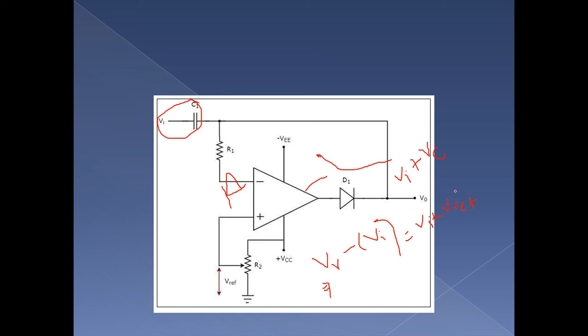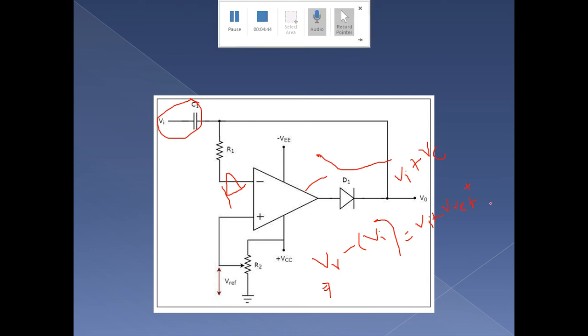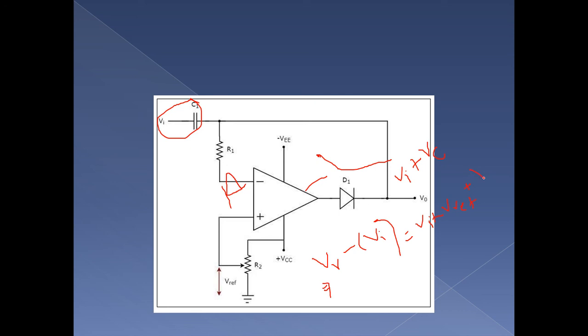Already we have seen the capacitor voltage is V reference plus Vm. So the final output voltage is V0 equal to Vi plus V reference plus Vm. This is how we will be getting the output side.